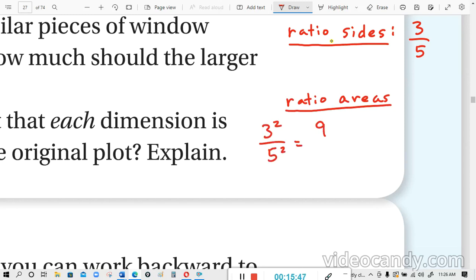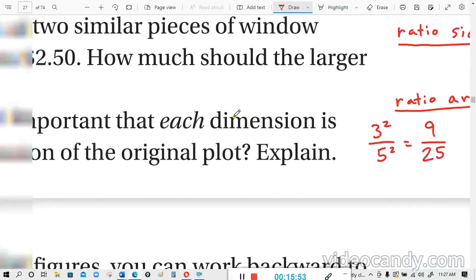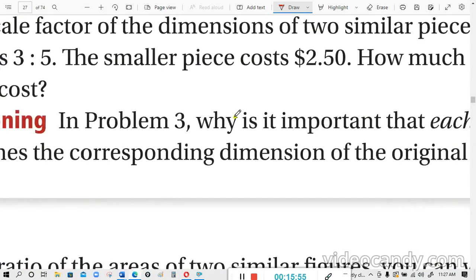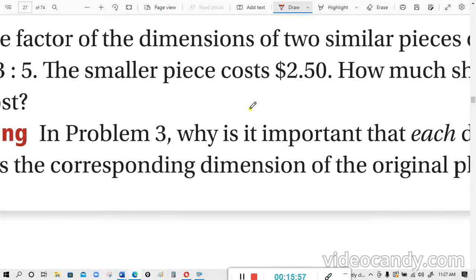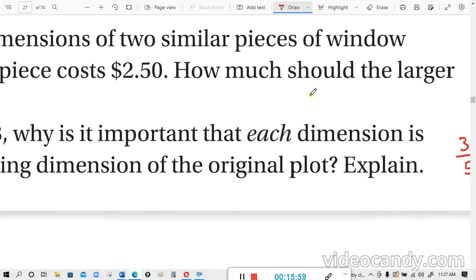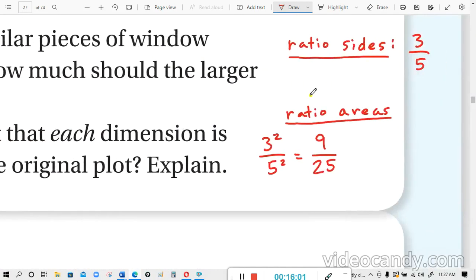So 3 squared is 9, 5 squared is 25. And it said the smaller window was 250. How much should the larger one cost?